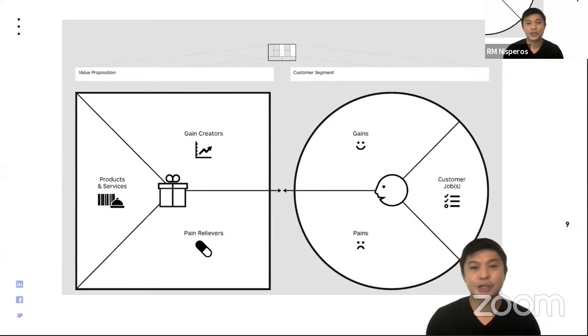It could be social, maybe a way to look good, or in between. So we have jobs to do. And then what tasks do your customers or your target market want to accomplish? Well, that's basically your customer jobs.